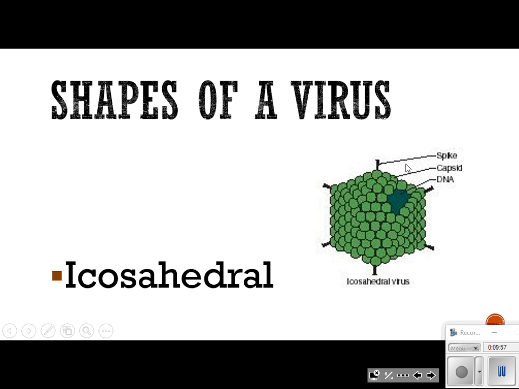So it could be RNA on the virus, it could be DNA on the virus. And when I taught AP biology, we even talked about retroviruses. Different types of retroviruses.